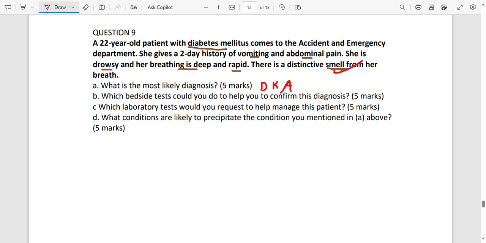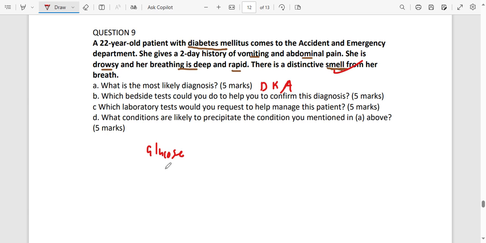Now we know that when someone is diabetic, there is one problem here. There is too much sugar, right? And that too much sugar is going to affect really a lot of things. So what is going to be happening? Let's say here is glucose. Glucose, we know it goes into glycolysis.